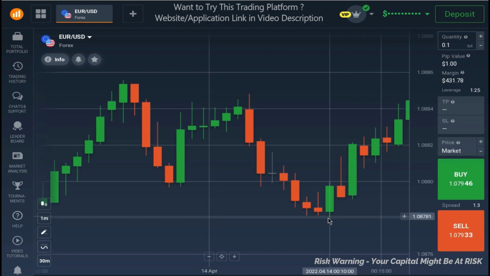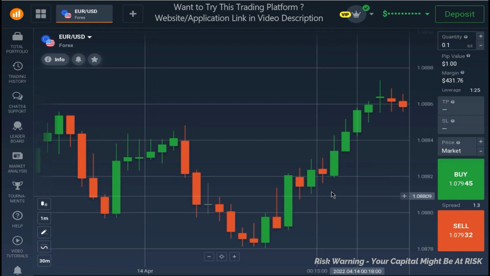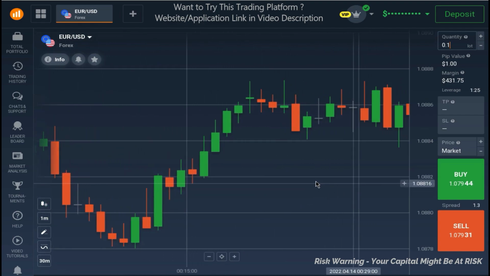But if you applied your strategy rules, I can say the rules are not fulfilled here, so you will not have any opportunity to place a trade here. And here the market formed another swing: this is the low, high, higher low, higher high, and it confirms the uptrend again, and it's moving in the upward direction again.